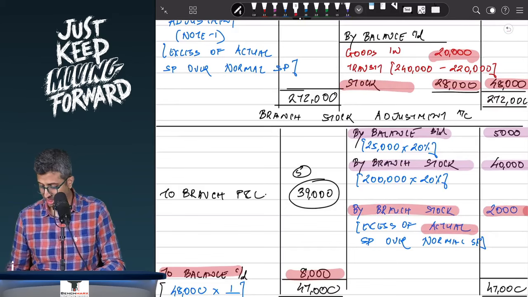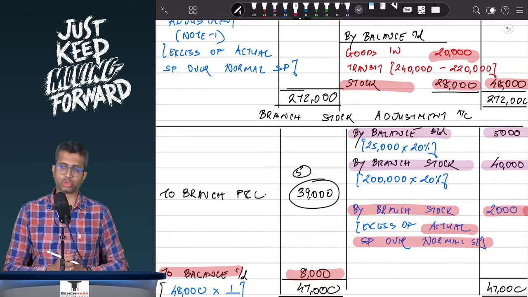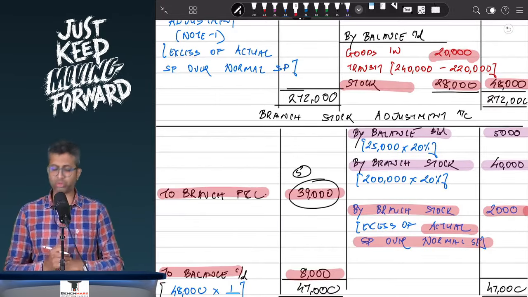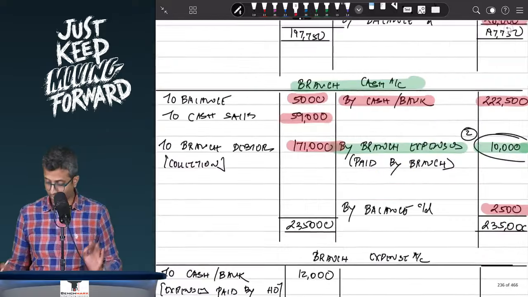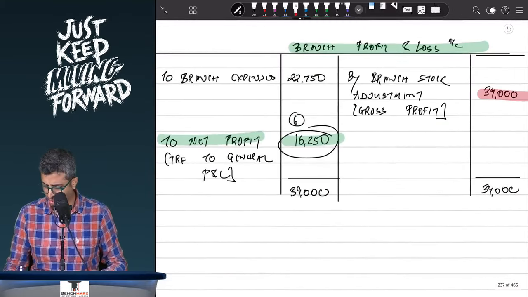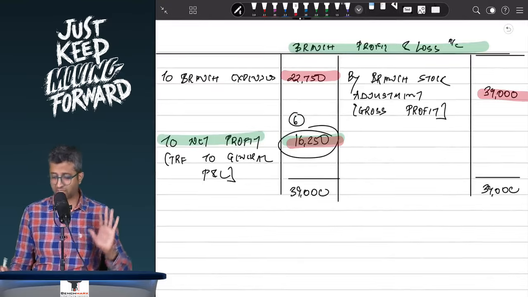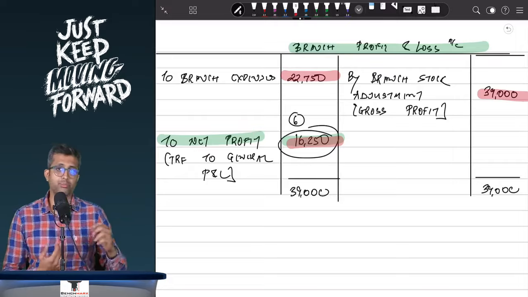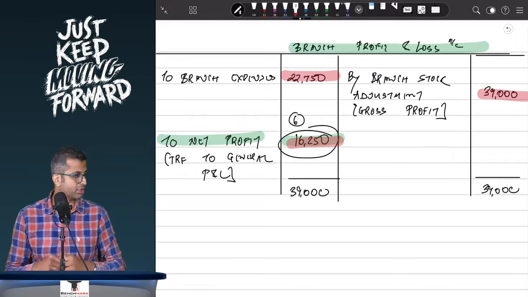This is excess of actual selling price over the normal selling price, and all said and done, you will have the gross profit 39,000, from which you will subtract 22,750 of expenses, and the net profit will be 16,250. This pertains to the stock and debtors method.